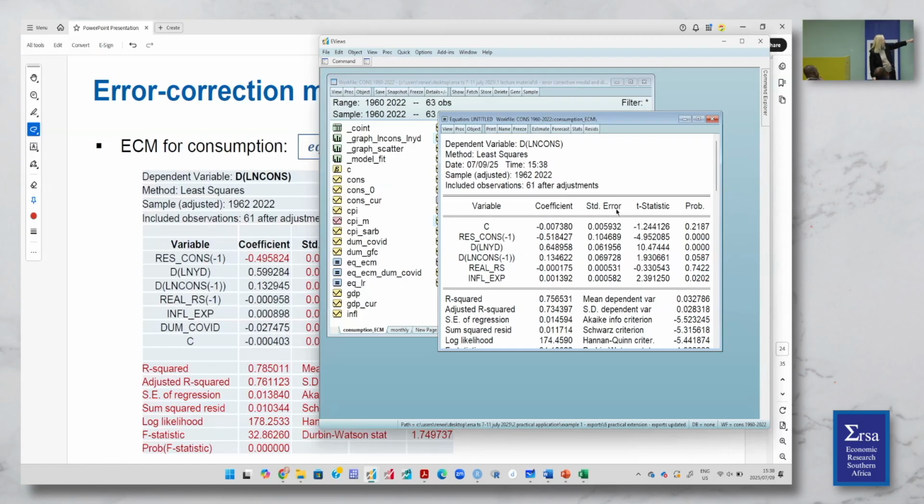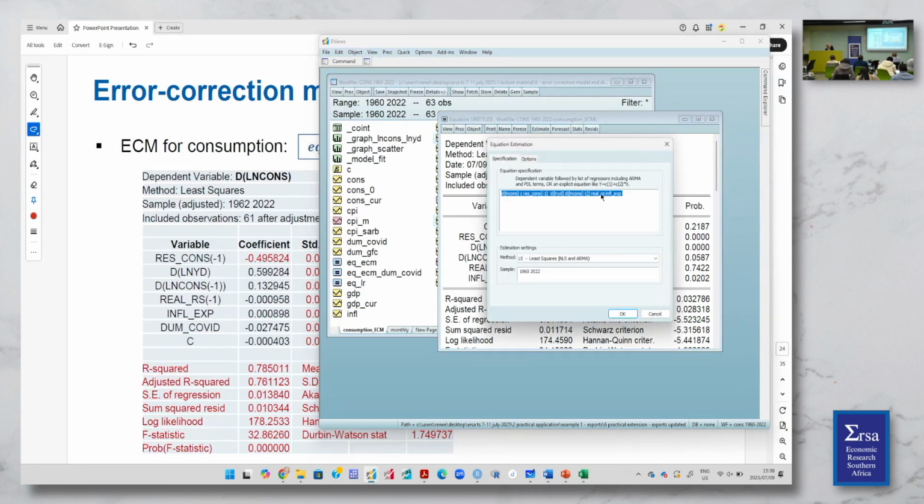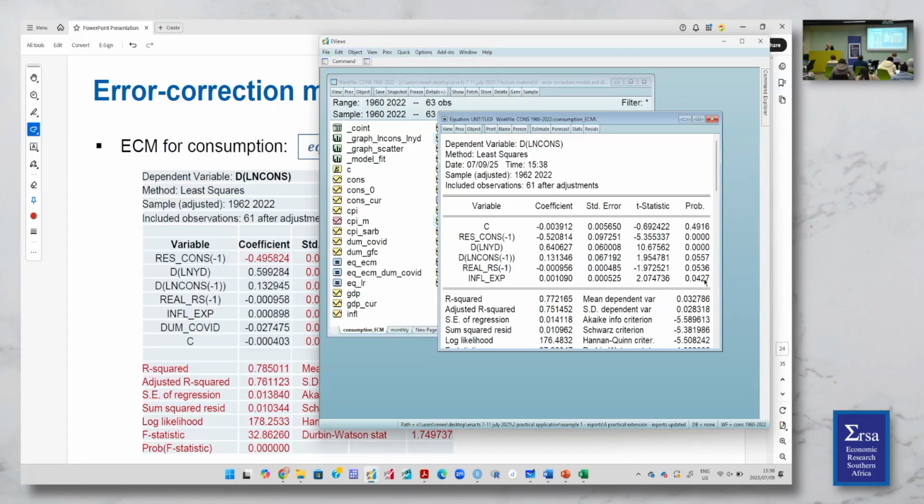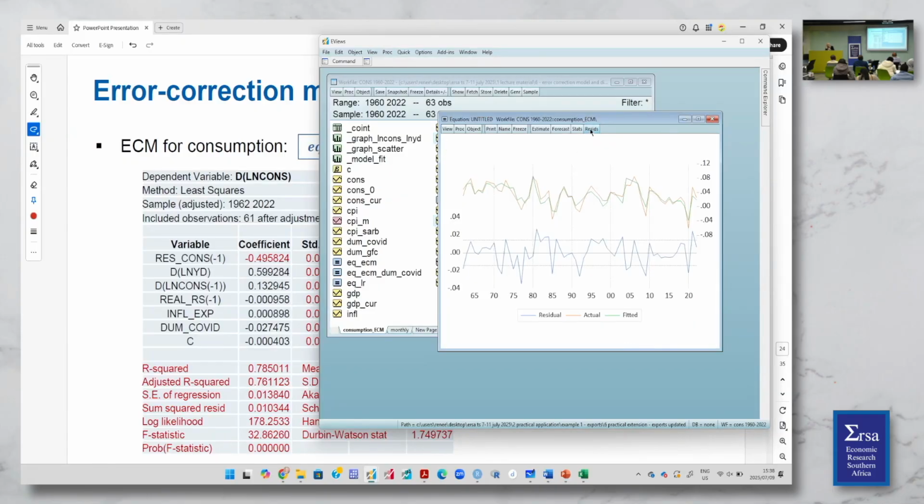You see, as soon as I add inflation, the interest rates become insignificant. So that was probably why I lagged that by one period. And with this, there's no right or wrong.